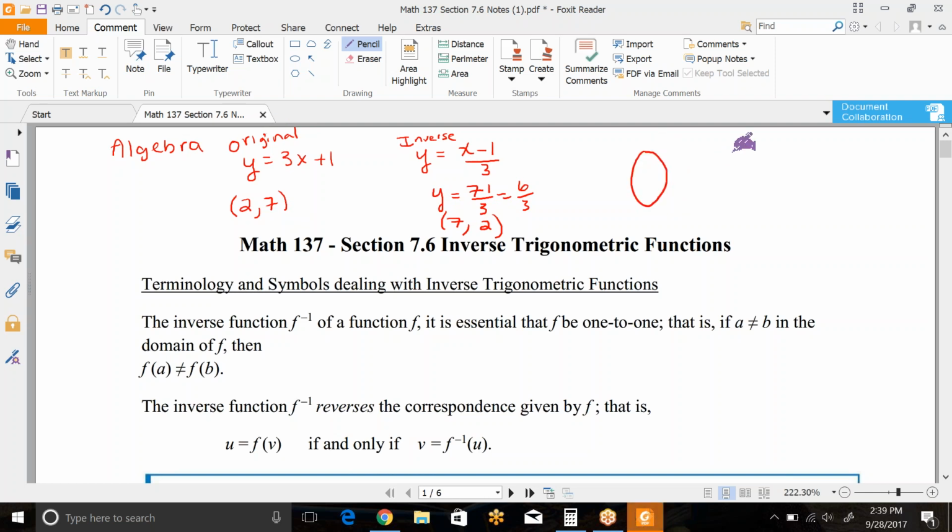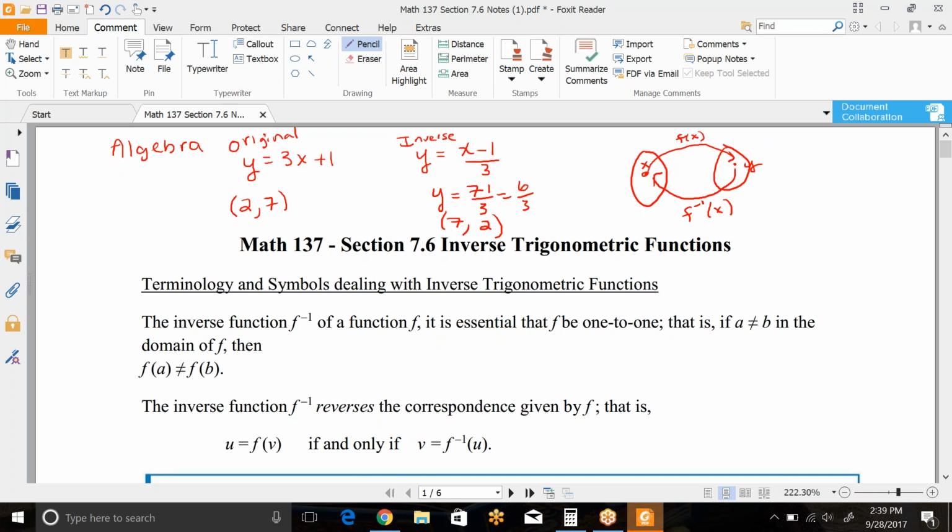Another way of thinking of it picture-wise: if you have a point here for your x, your original function takes you to the y, so this is f of x, but this inverse function takes you from this as the input back to the original as the output. Now, you're thinking, okay, that just seems like a way to get backwards and forwards between the x and y value of an ordered pair.